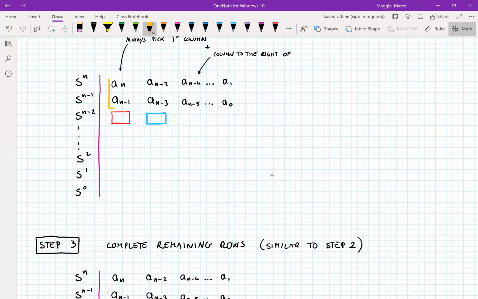So you always want the first 2 to belong to the first column, and then to the column to the right of the box that we're interested in. Since now it's the blue box, we want these 2 coefficients here. And now what we do, we just stretch the figure 8, but we proceed in the same way.